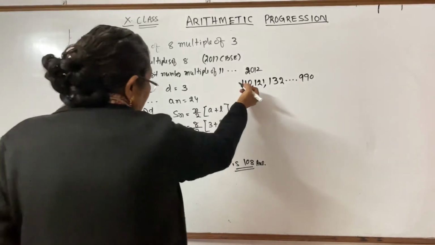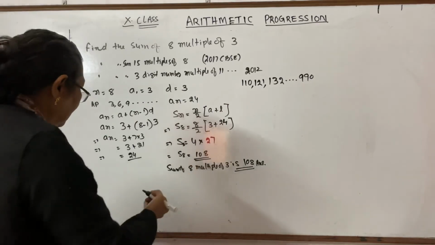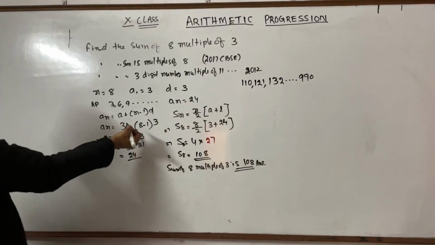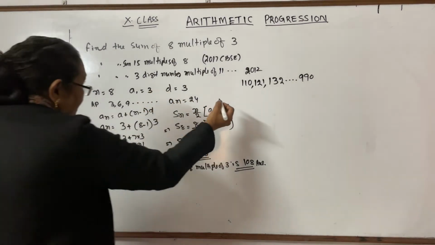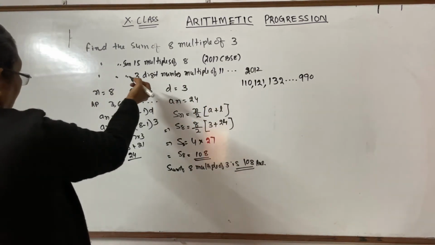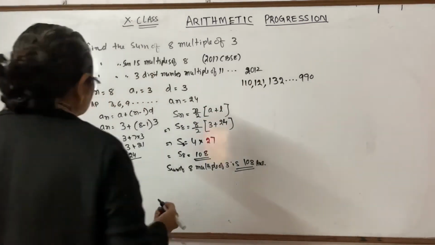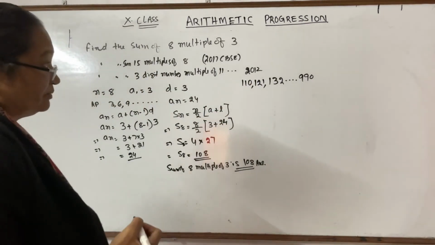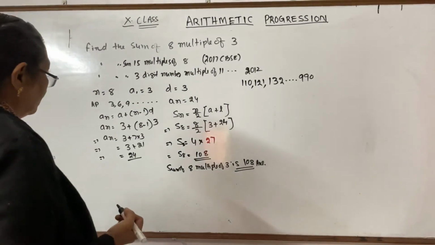So we know the first term, we know the last term, we know D. Though N we shall find out this way. Find the sum of 3-digit number multiples of 11. So we have to take out N. We have to find out how many terms.